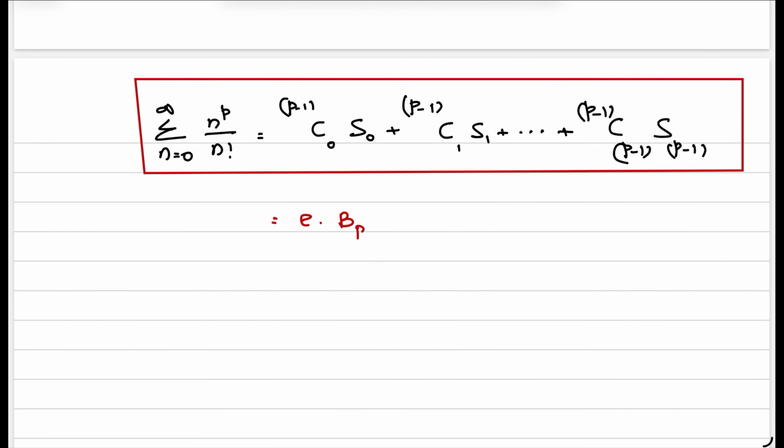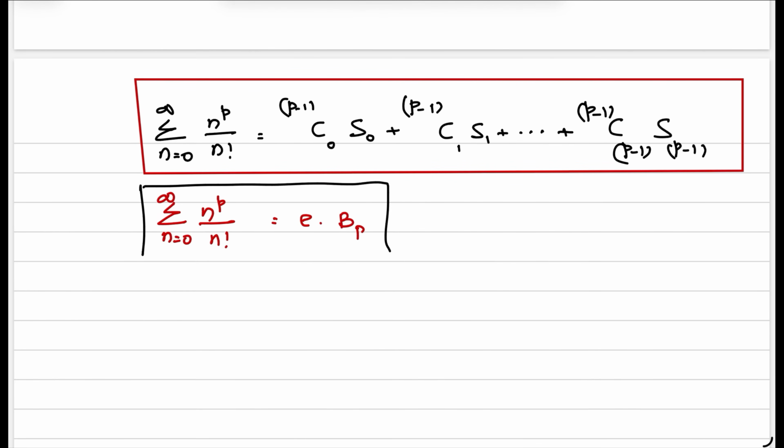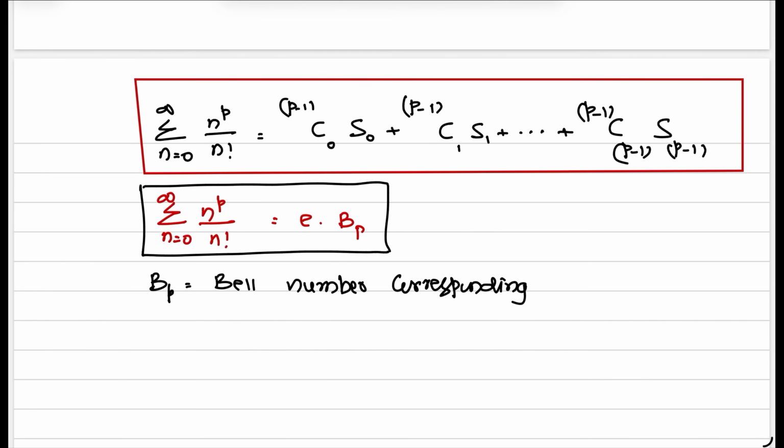This is the Bell number. n to the power of p by factorial n is equal to e into Bp. Bp is the Bell number corresponding to p value. This is called the Bell number corresponding to p.